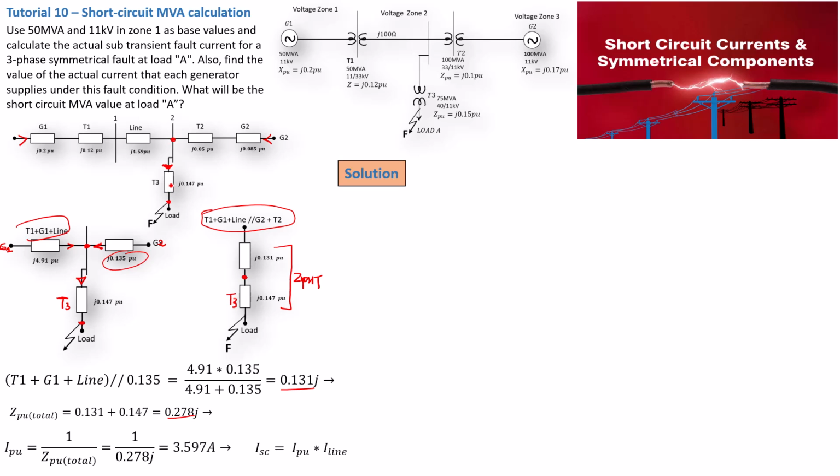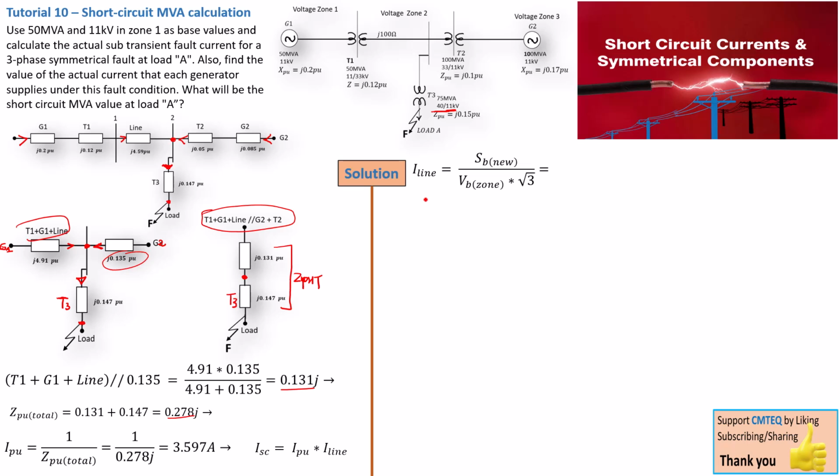Remember, this transformer had a ratio of 40 over 11 kilovolt, but we changed this primary to 9.075 kilovolt, while the secondary remains at 11 kilovolt at this point. So the line current must be calculated with the 11 kilovolt, not with the 33 kilovolt that is on the transmission line.